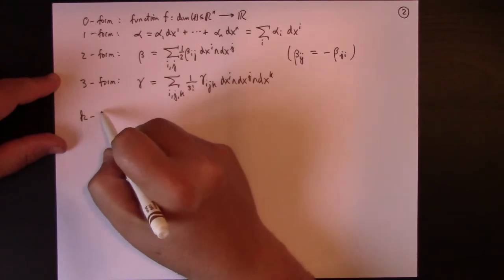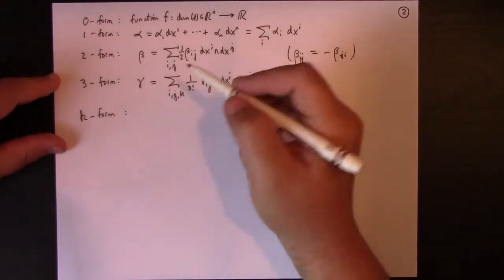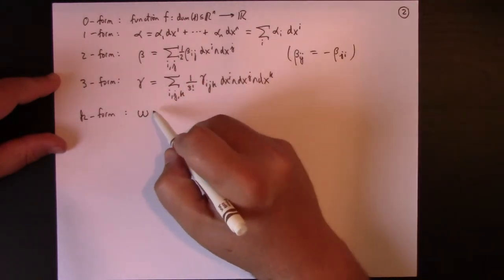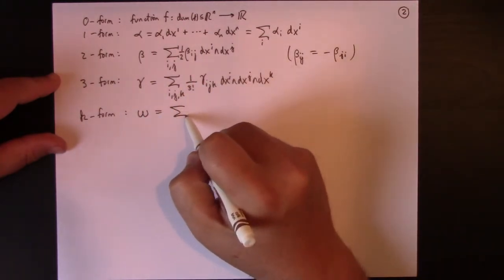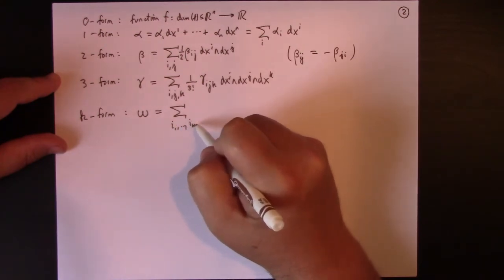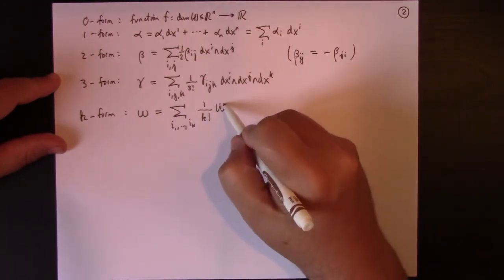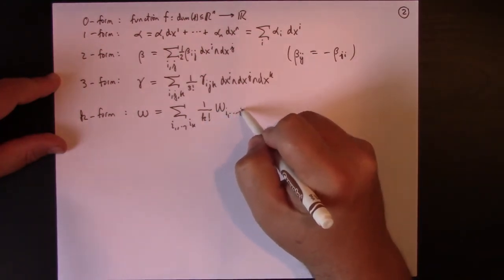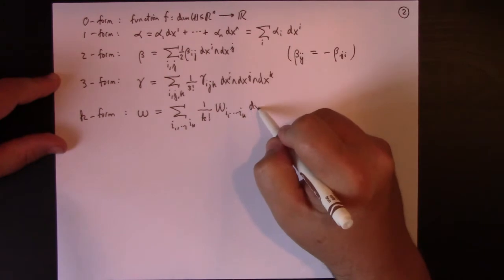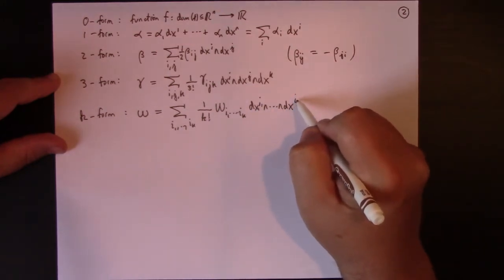A k form would be something like, I need another letter, how about omega? Would be a sum, and here we need some kind of double index notation, so like i1 through ik, 1 over k factorial, omega i1 through ik, and dx i1 wedge dx ik, that would be a k form, something of that form.